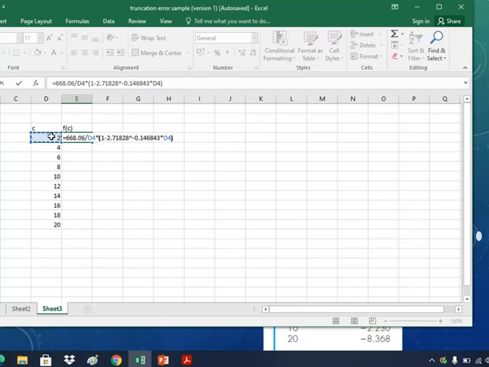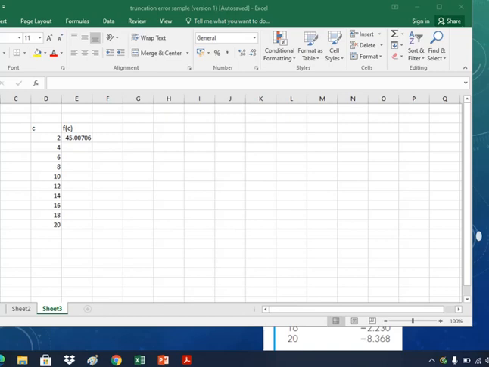Okay, then close parenthesis minus the velocity v, which is equal to 40. So parang may mali sa formula, so erase. Close parenthesis. So that's it. So that's the value of f of c.